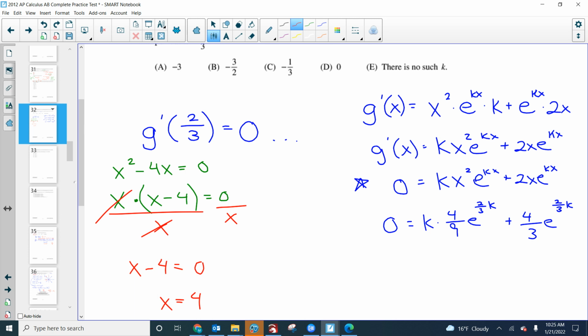Would this work for any other number other than 0? Yeah, if x were 10, legal. But if you divide by x, you're saying I'm not dividing by 0. Are you with me? So you have eliminated a possible solution by doing that.